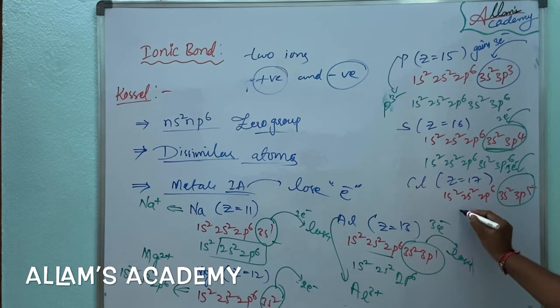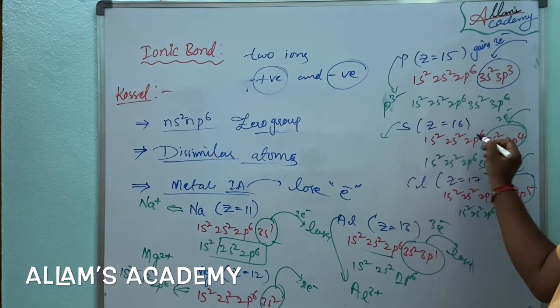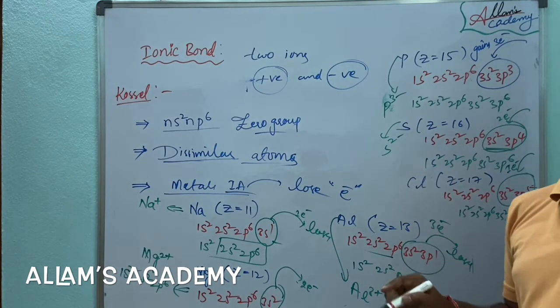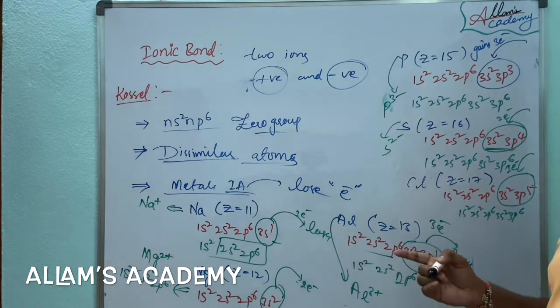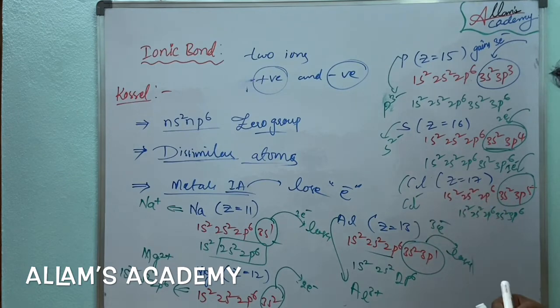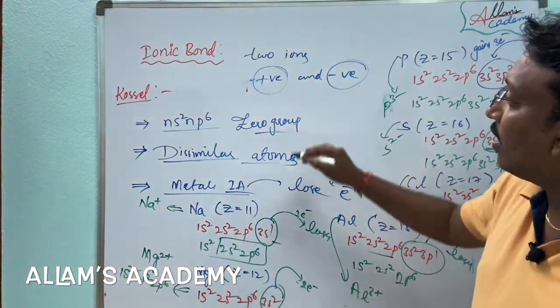Then it gains it, and it gets the octet electronic configuration 1s2 2s2 2p6 3s2 3p6. That means by gaining electrons, sulfur becomes di-negative and chlorine becomes uni-negative.